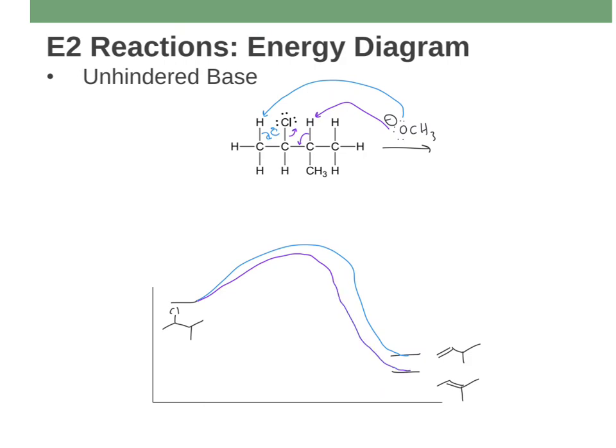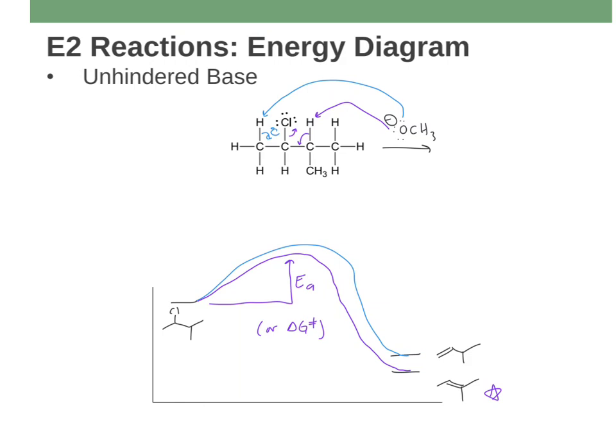So I'm simply going to have a lower activation energy, E sub A, or you could say delta G double dagger, to give us the most stable product, right? Here's our more stable product. So you tend to get primarily that more substituted alkene.